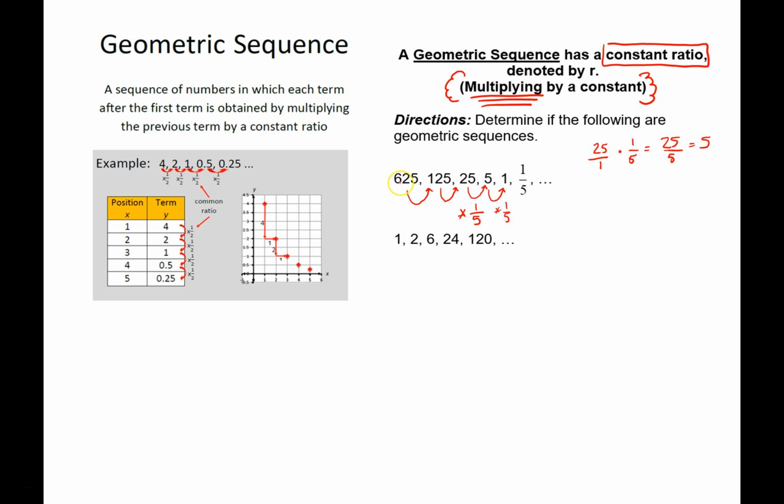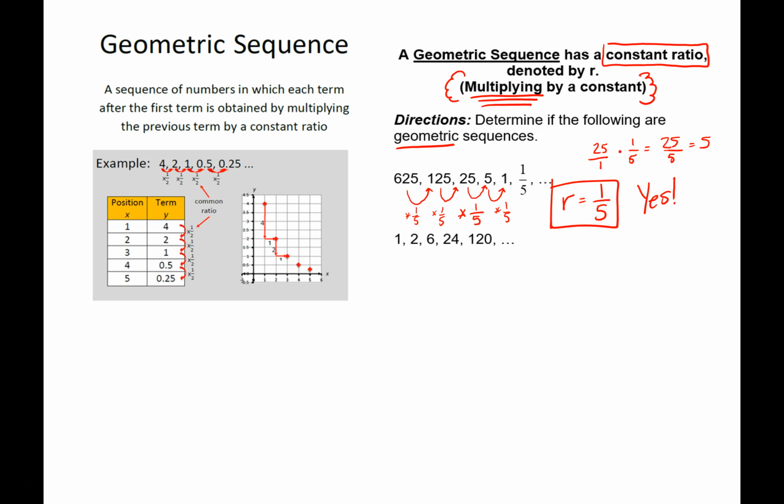If I go back to my beginning, 625 times 1/5 is 125, and 125 times 1/5 is 25. So that pattern is working. So we're going to use the variable r here and say r is 1/5. Yes, this is a geometric sequence because it has a constant pattern of multiplying by 1/5.